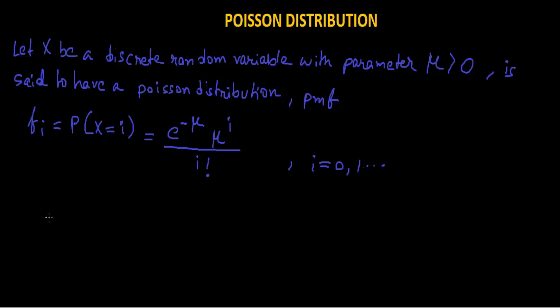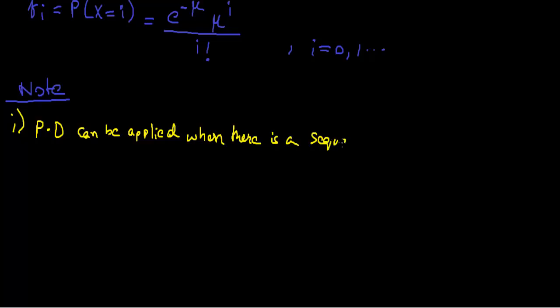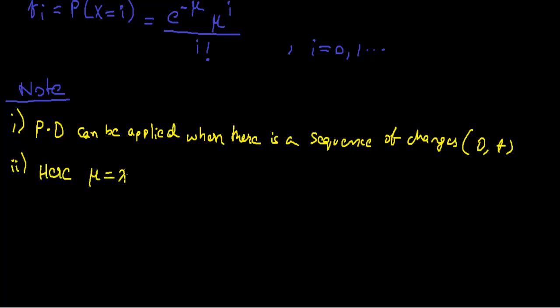There are some things to note. Number one, the Poisson distribution can be applied only when there is a sequence of changes within a certain time period, a sequence of changes in the interval 0 to t. And number two, here mu is equal to lambda t.